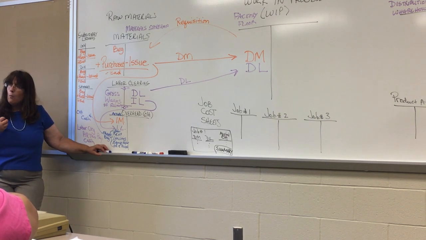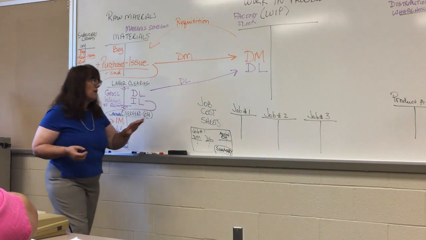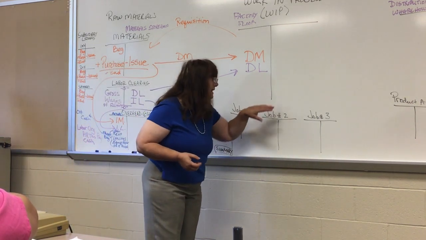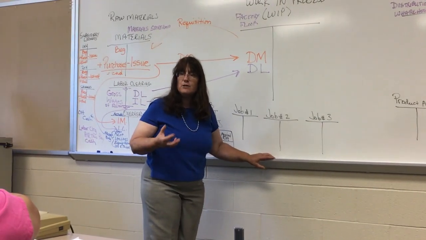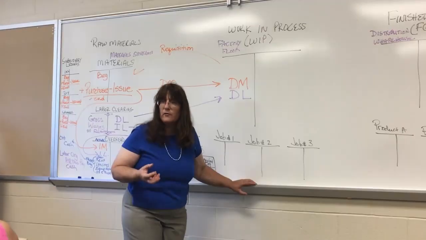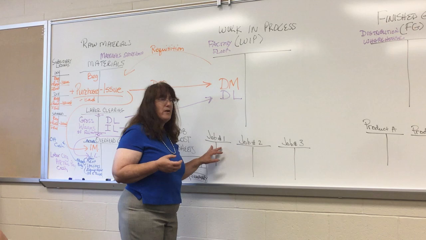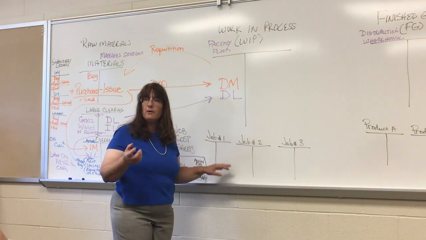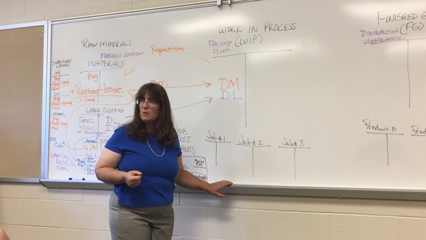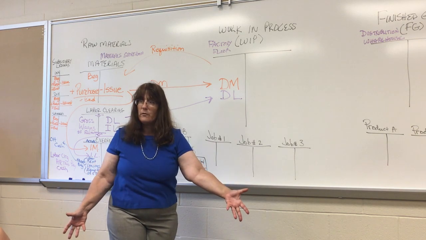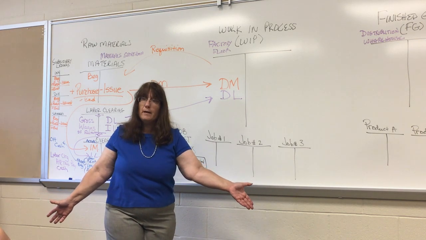So one of the points is to find out how much does each job equal? How much does each job cost us to build? Because I'm going to use that number as a starting point to figure out how much should I charge the customer. I just built a doghouse. How much do I charge for it?